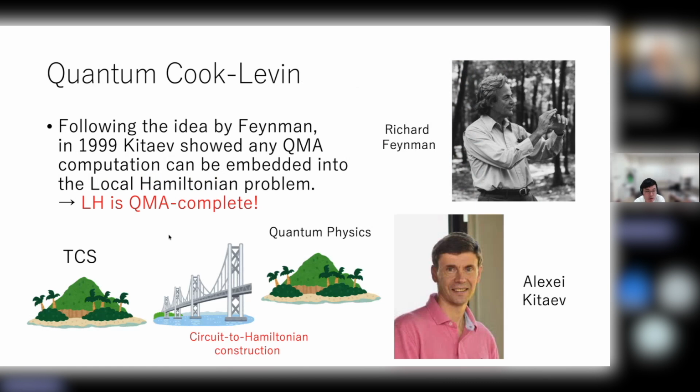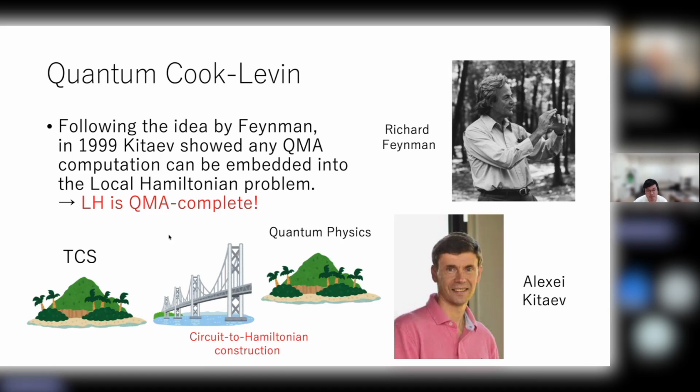And the quantum analog was shown by Kitaev, following the idea by Feynman. Kitaev showed any quantum proof verification procedure can be embedded into the local Hamiltonian problem, which is the quantum generalization of SAT. So why is the circuit Hamiltonian construction important?